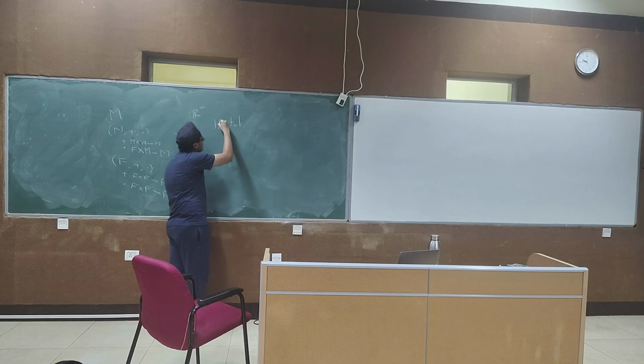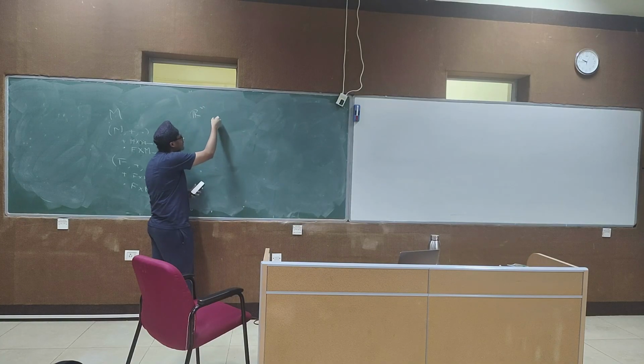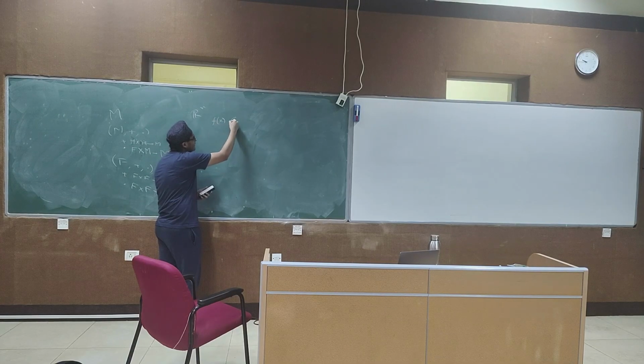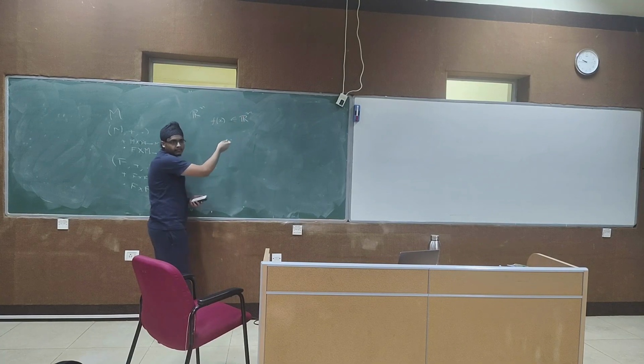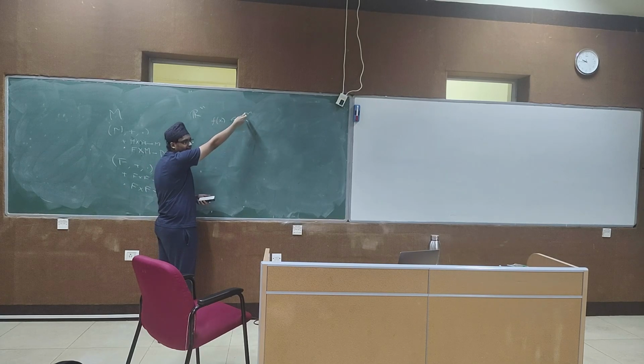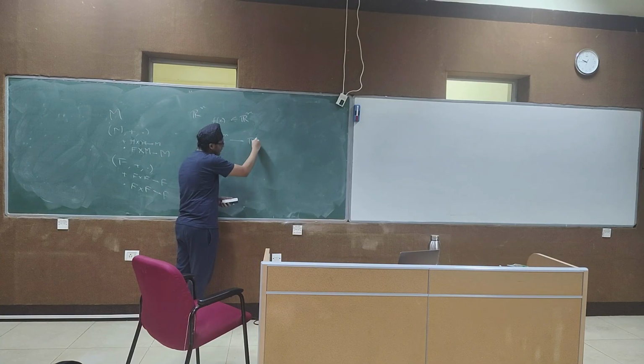I won't write the general definition, but it says something like this. Let me write it slightly better. A function f(x), where f(x) is a vector, is an element of Rn. f is not a vector, f(x) is a vector. f maps from Rn to Rn.